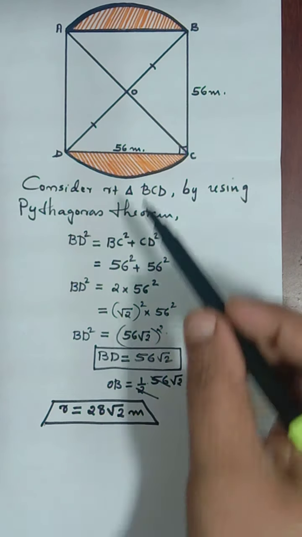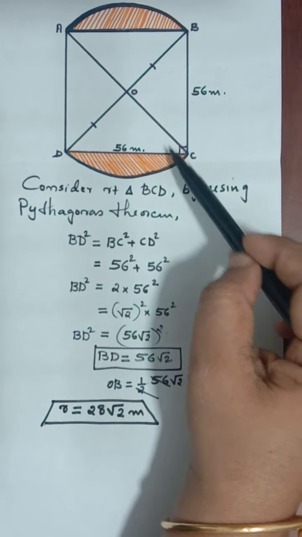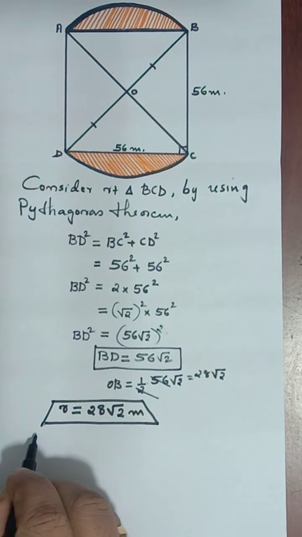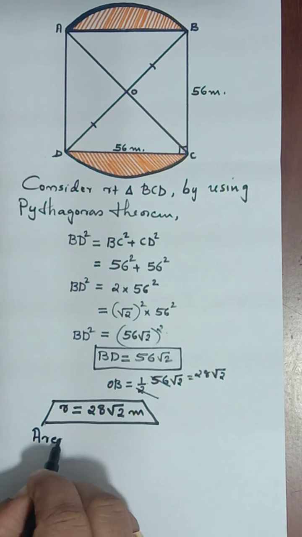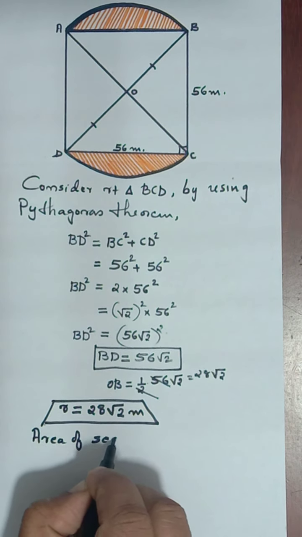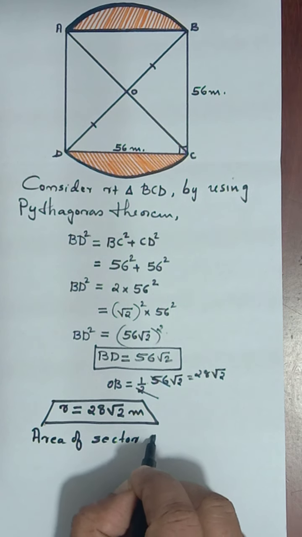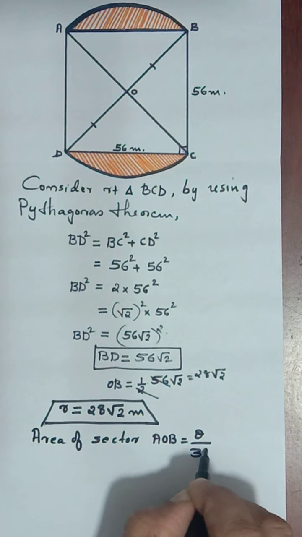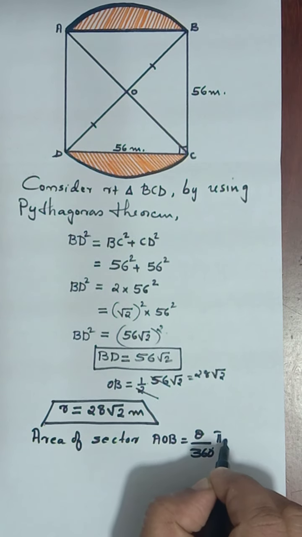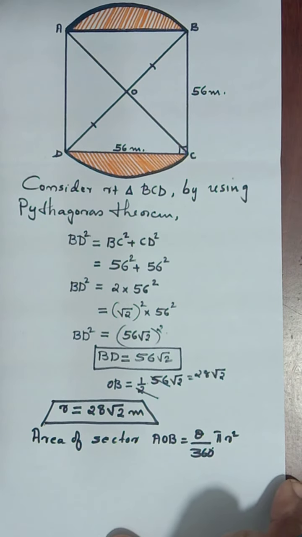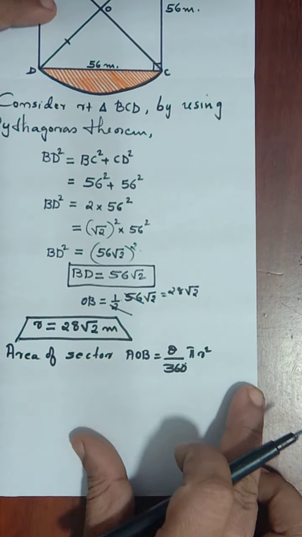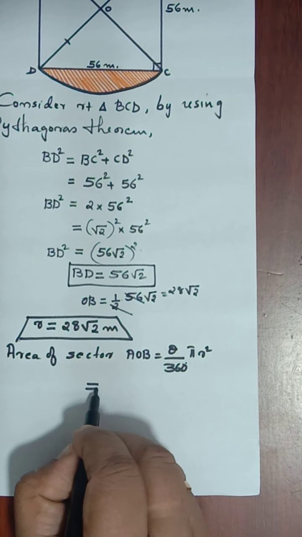Let us find out the area of the sector. Let us find out the area of sector AOB. So area of sector AOB is equal to theta by 360 degrees into pi r square. Now let us substitute the theta value, 90.